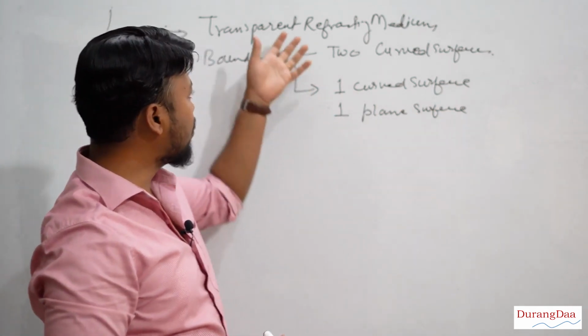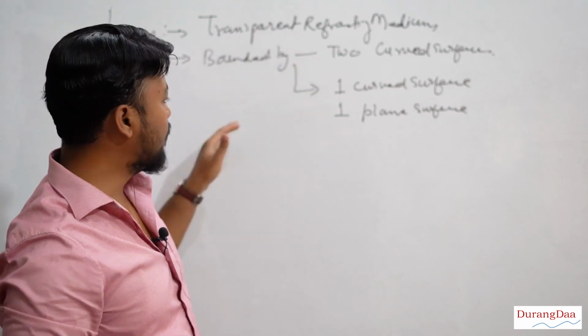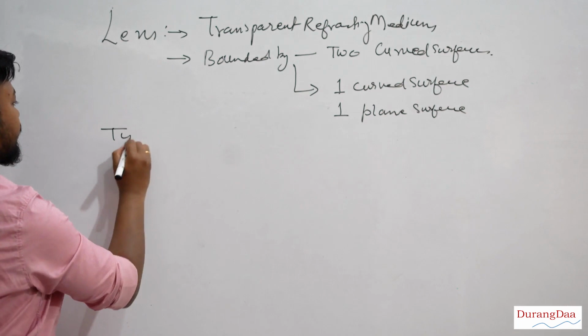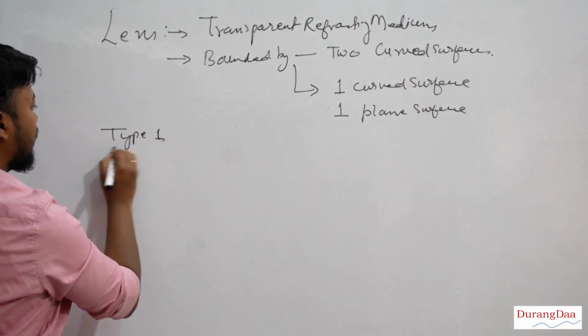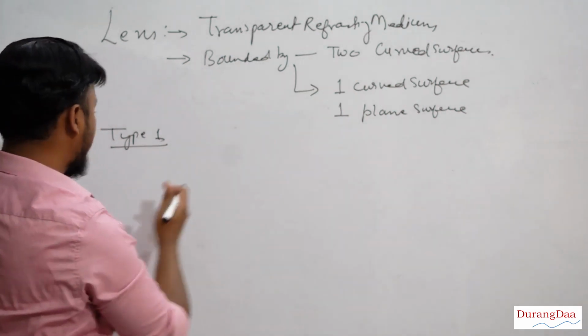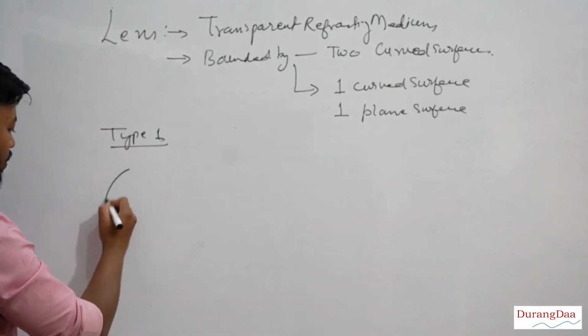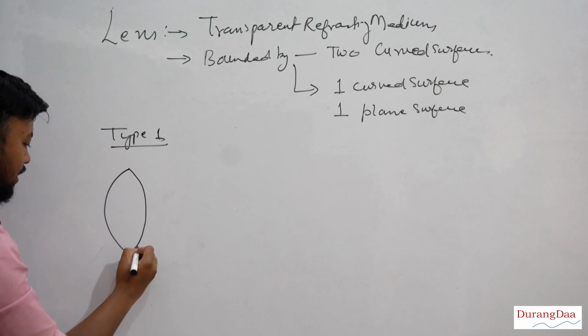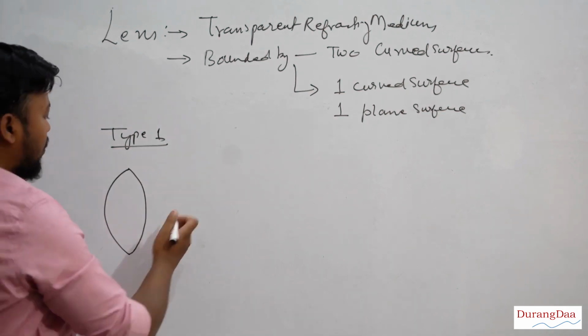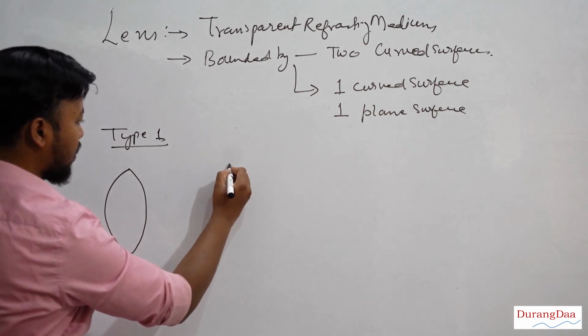If we try to draw this definition, we can draw two different types of diagrams. See, type 1, transparent refractive medium bounded by two curved surfaces. I can take two curved surfaces like this. First curve, this is the second curve. This is one way of drawing it, or I may draw it like this also.